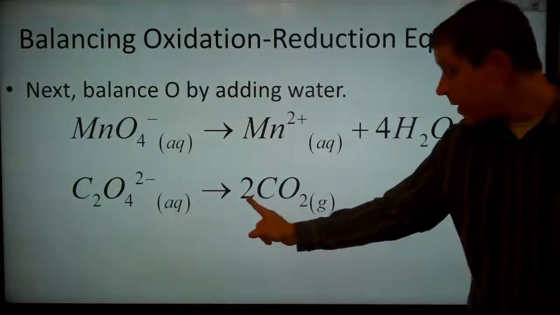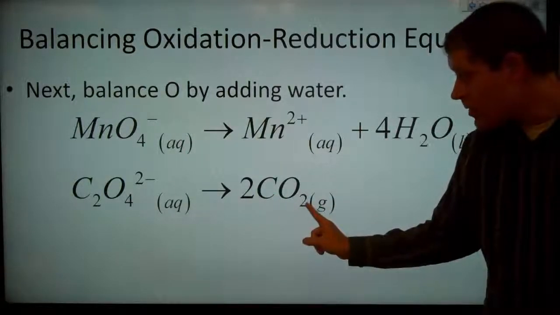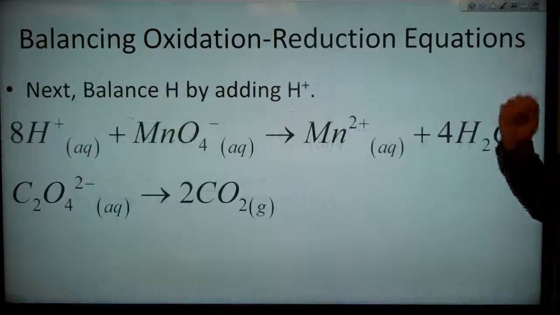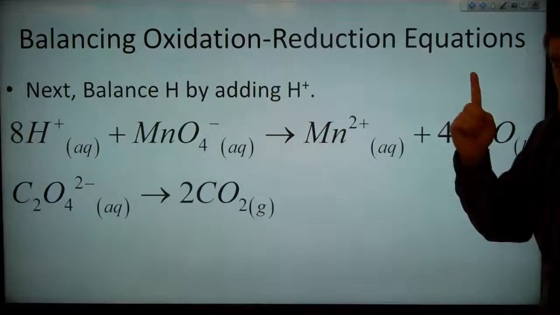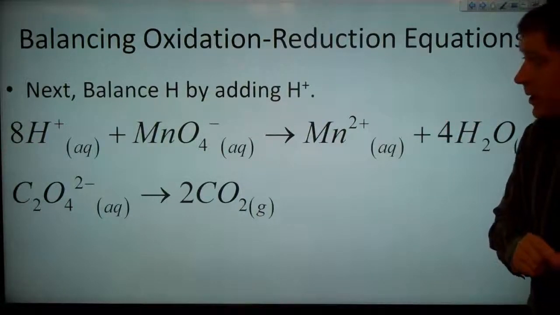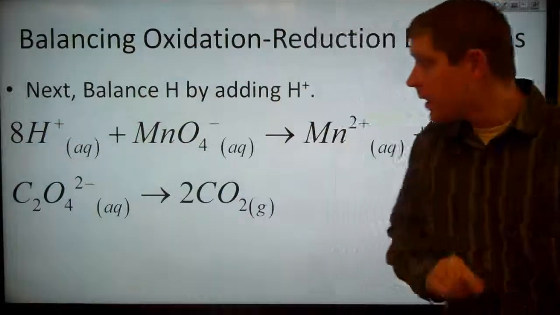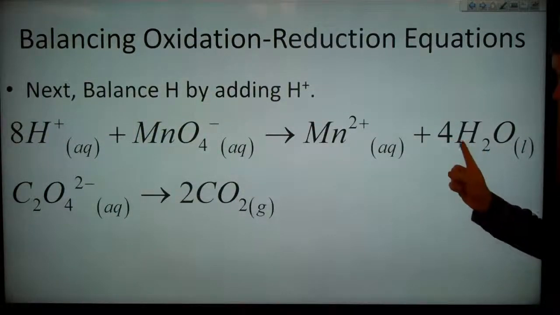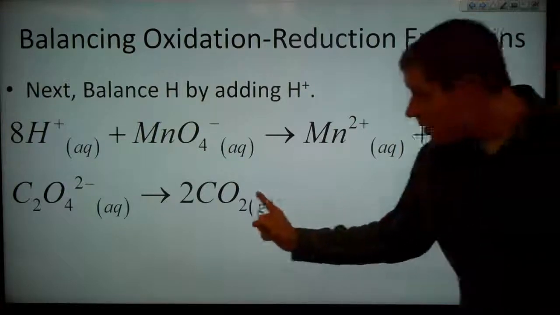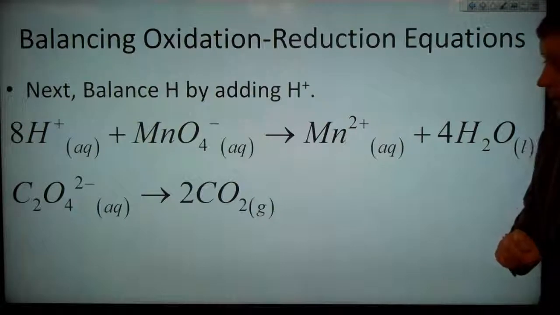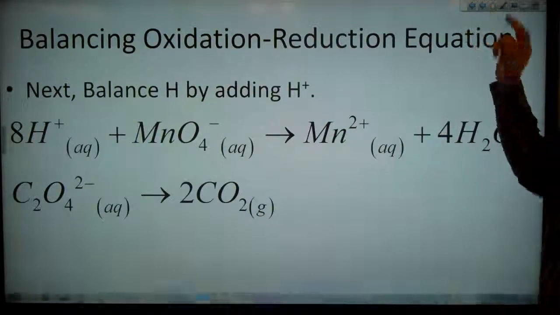For oxalate, after we added that 2, we have 4 oxygens on each side, so that one's already balanced for oxygen. Now we balance the hydrogen by adding protons, H+. We put H+ on the left side, and we need 8 of them because we have 8 hydrogen atoms in the 4 waters. Oxalate is already balanced for mass, but not for charge.